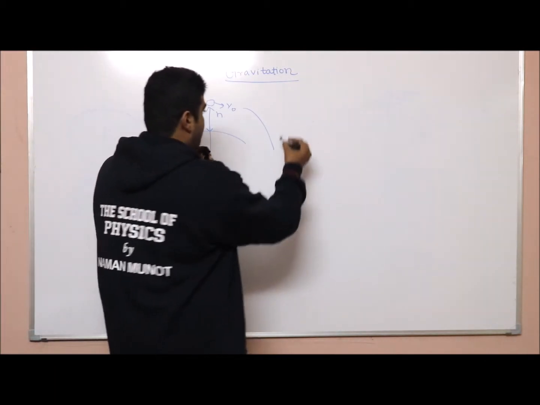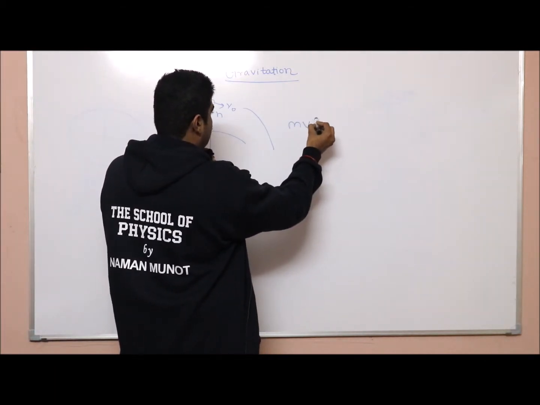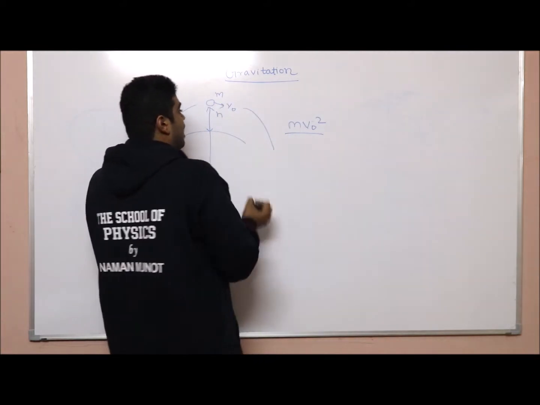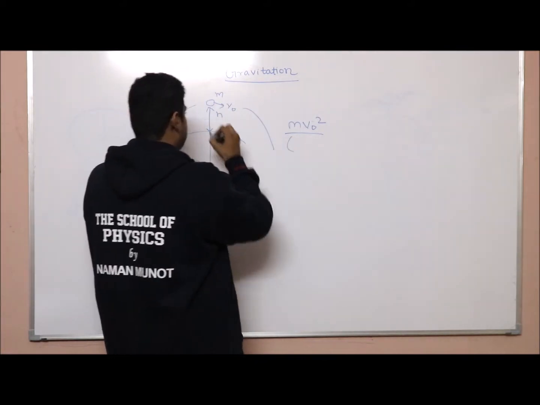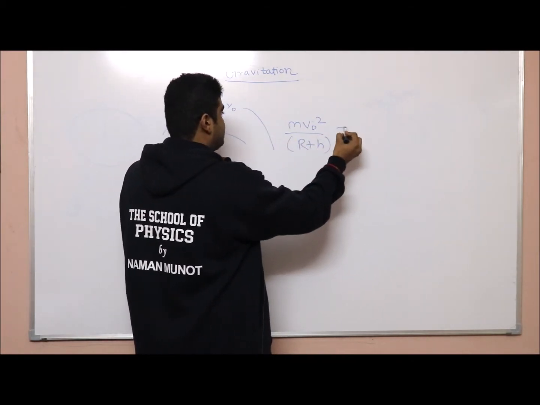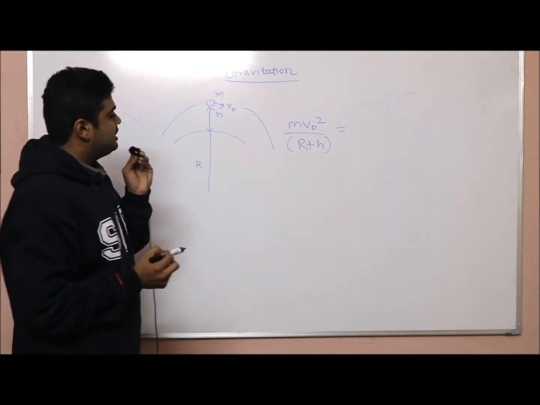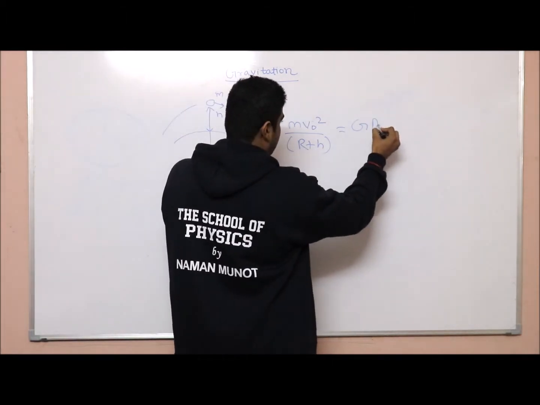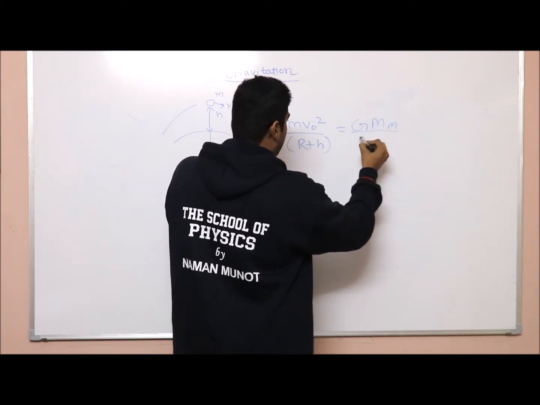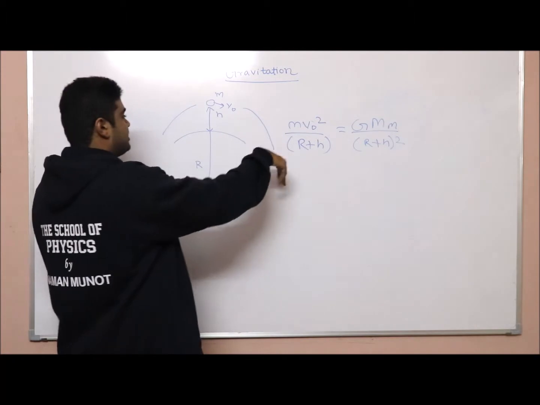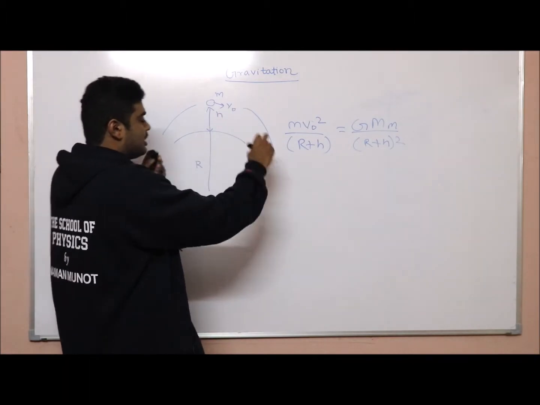So we equate m v naught square upon r plus h, where m is the mass of the satellite, since this is the orbit that we are seeing, is equal to GMm upon r plus h whole square, since this is the circle that we are considering, the new radius becomes r plus h.